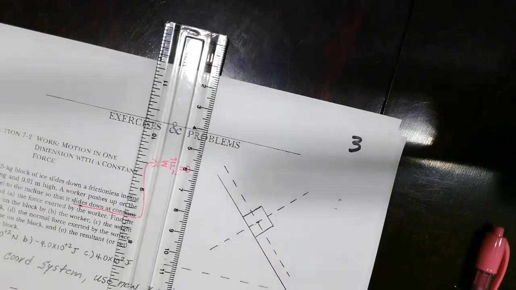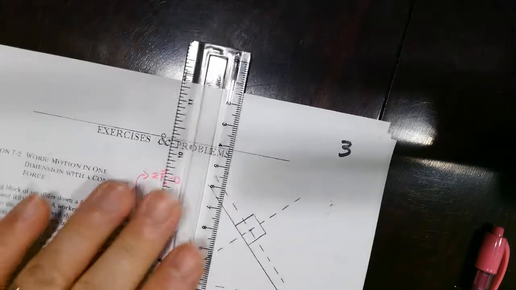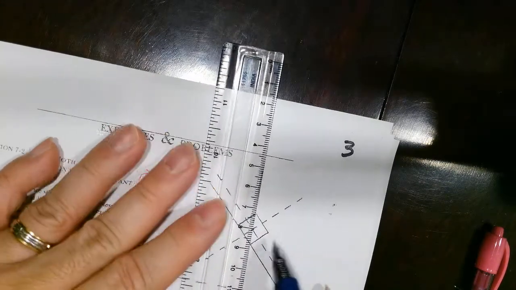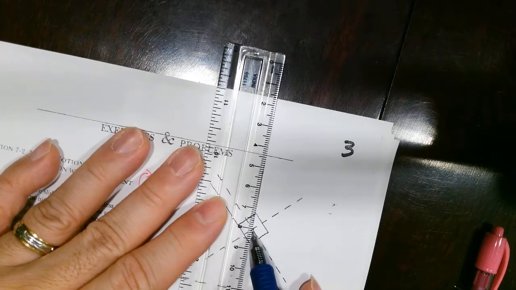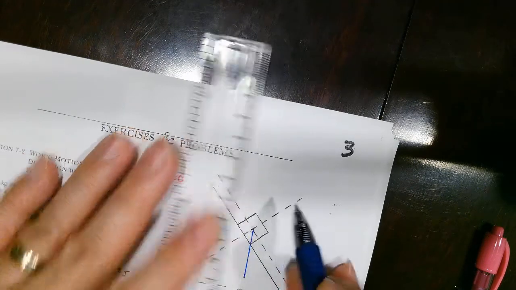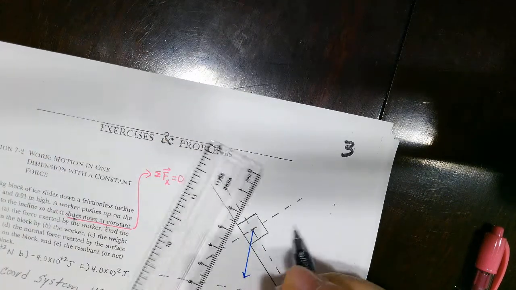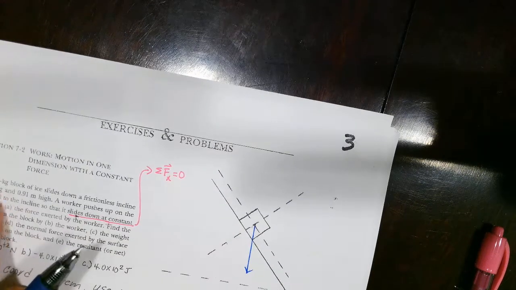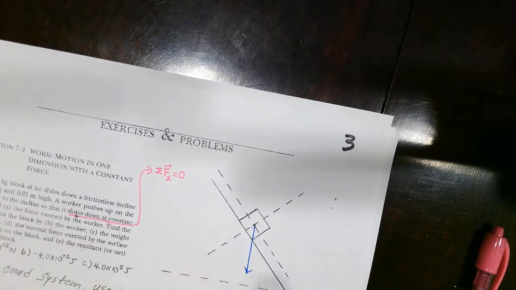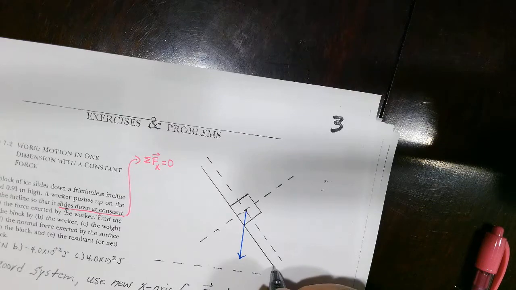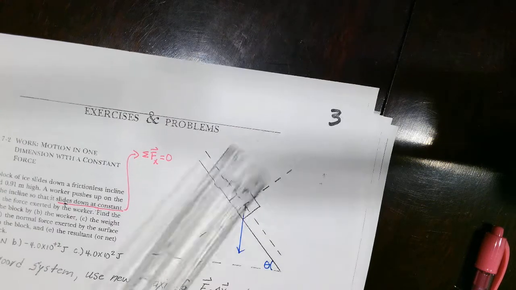So here, the ice will have its Fg straight down, obviously. We don't know the angle yet, but I'm sure we can figure this angle out because they give us the dimensions of this incline. So this angle here is theta, obviously.